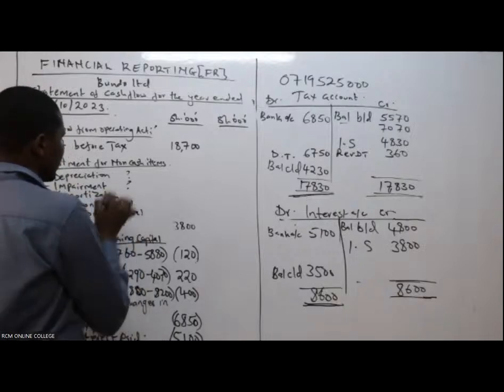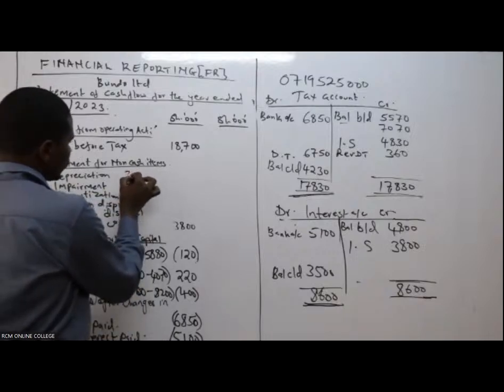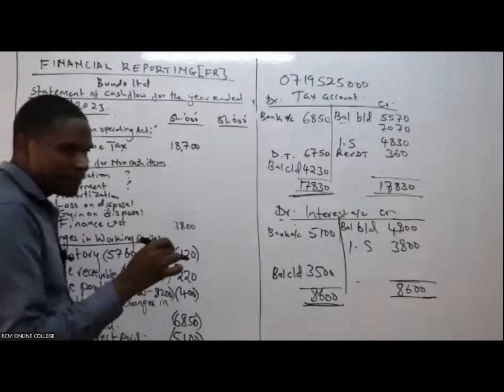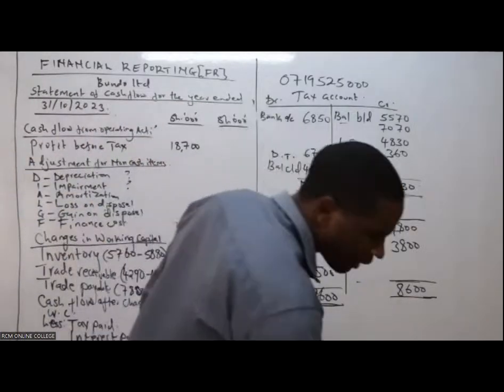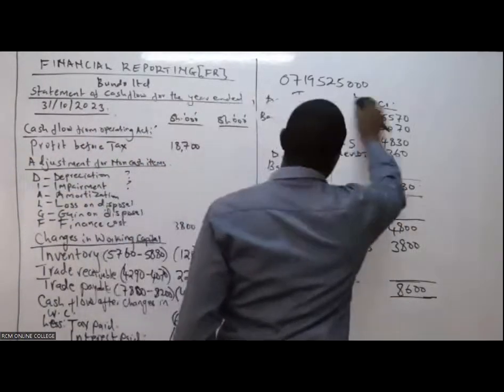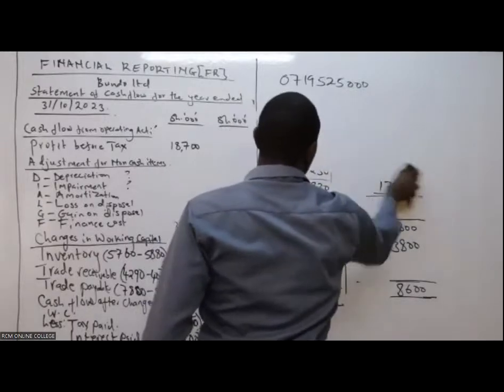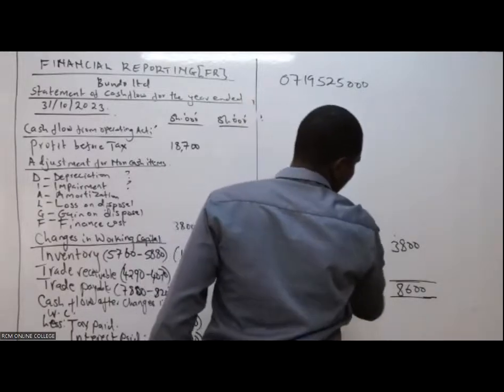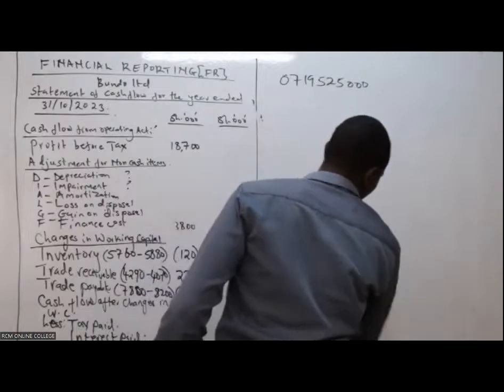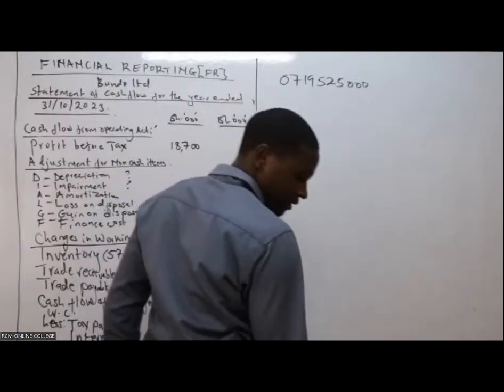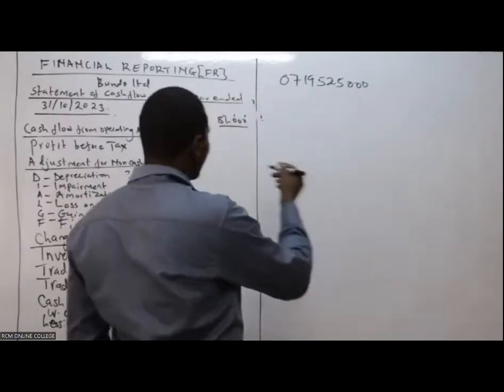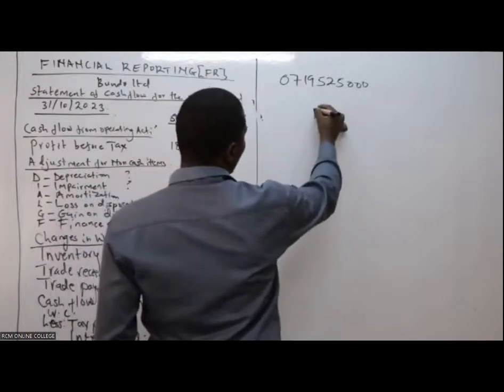We can get impairment. Once you go and attempt to get the two, go and create the PPE account. It's easy. And then try to get the depreciation PPE account.